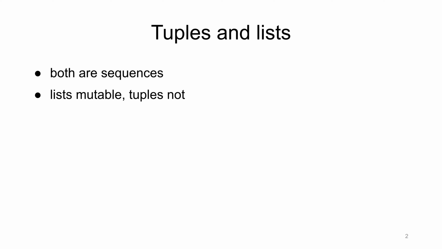So this means that the entries of a list can be changed without reassigning the value of this modification back into the variable name. While tuples, if you want to override them, or if you want to change their value, you have to reassign the results of your operation back into the variable name. This is referred to as immutability.